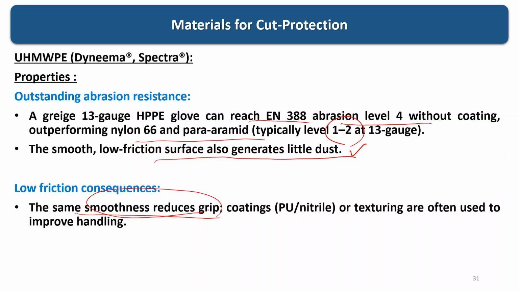If we produce gloves with ultra high molecular weight polyethylene, due to the low friction, the knife someone is holding may slip out. To avoid this problem, polyurethane or nitrile coating is applied, or a textured surface is used to improve handling. If we use a flat filament, then due to the low friction, it may slip off.